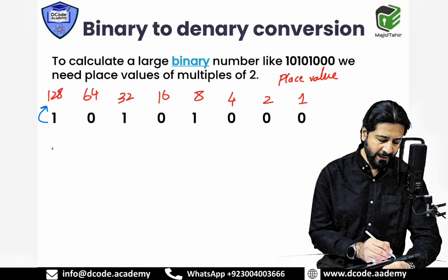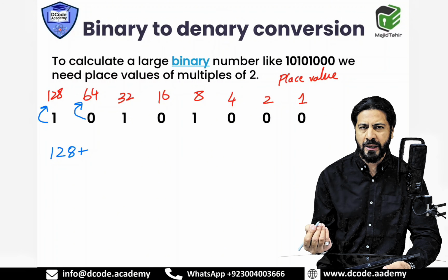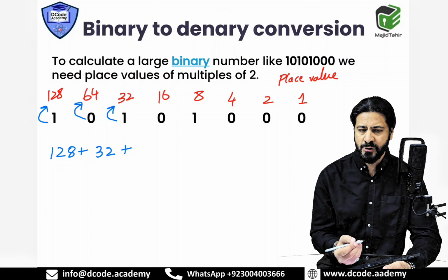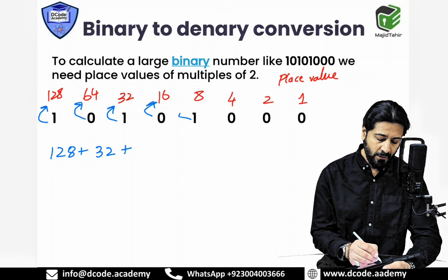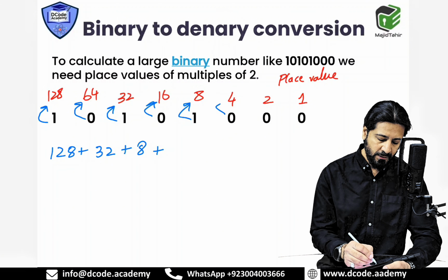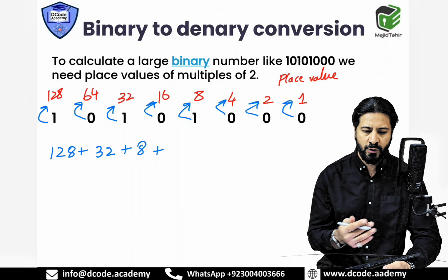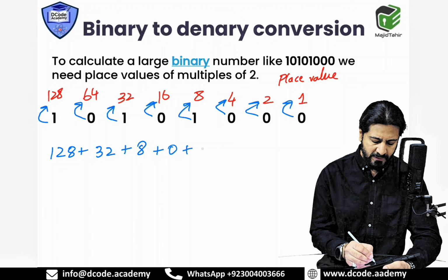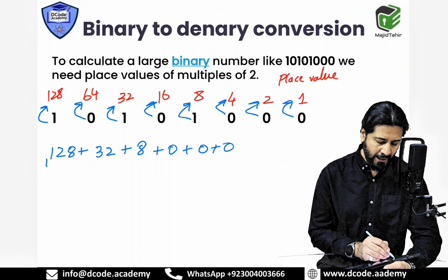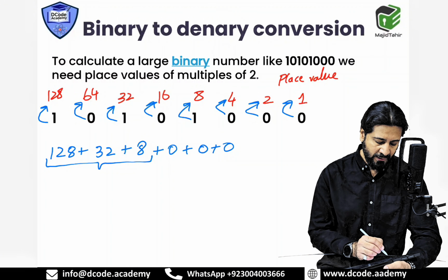So 1 into 128 gives me 128 plus 0 into 64 is going to be 0. So I can skip it. 1 into 32 is going to be 32 plus 0 into 16 is going to be 0. So I can skip it. 1 into 8 is going to give me 8 plus 0 into 4, 0 into 2, 0 into 1. It's going to be all 0. So I can just skip it or you can write it. Doesn't make any difference in the number. So the numbers that I have to add now are these.